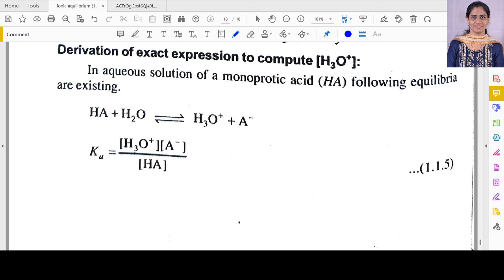Then the concept of buffer solution is also there. Just we will see that.